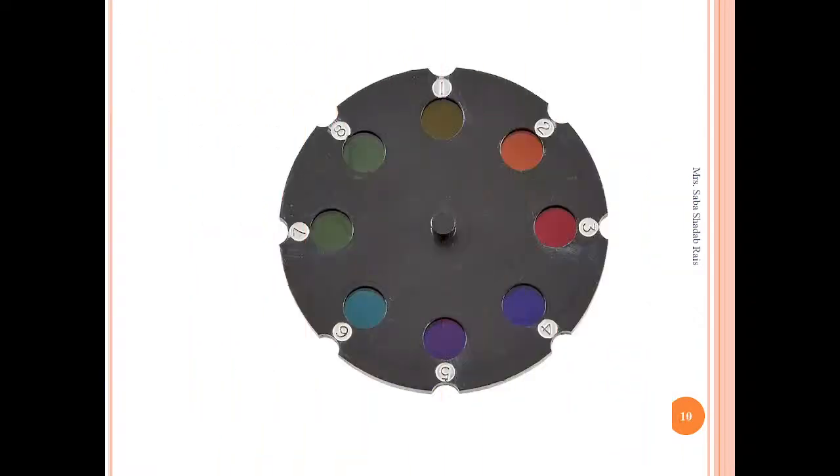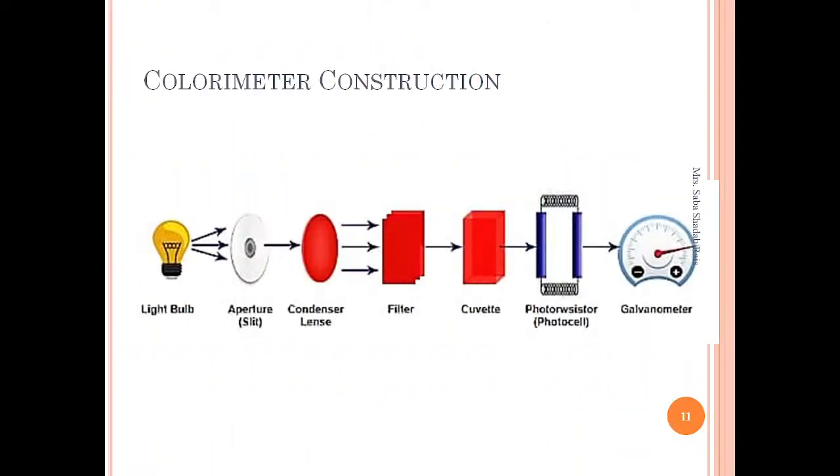So this is the filter, and the construction I have explained already two times: a light source of the visible range scatters the light, which is arranged by an aperture called a slit, and falls on a condenser which condenses the light towards the filter.